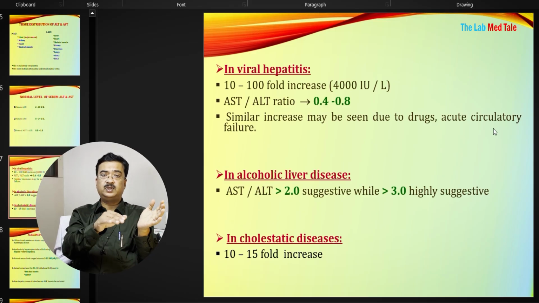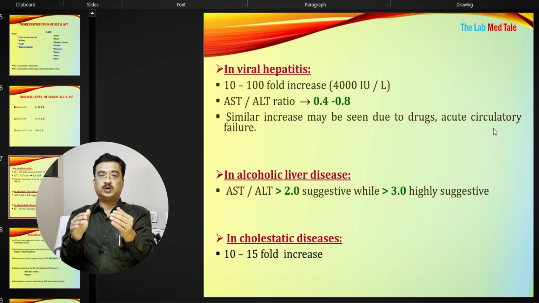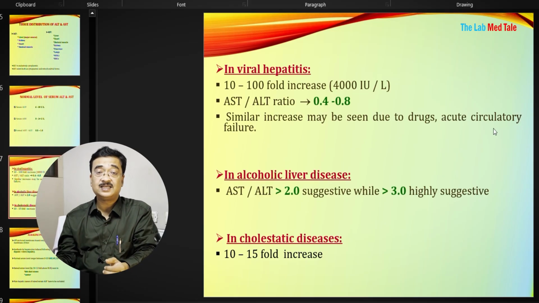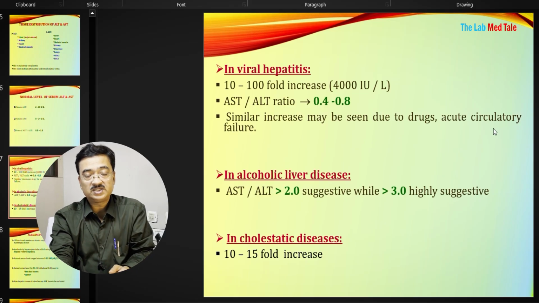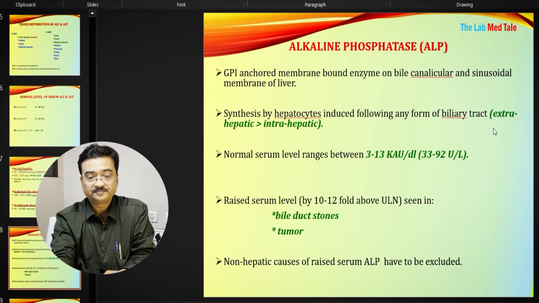But when the liver disease becomes chronic, AST gradually becomes more than ALT. So in chronic liver disease and alcoholic liver disease, you will get the AST-ALT ratio as high as 2. And in cholestatic disease also, there is sometimes a certain amount of rise.